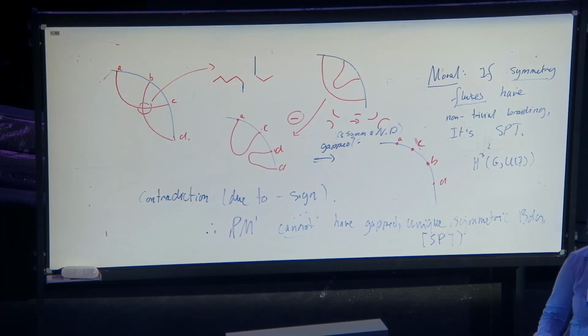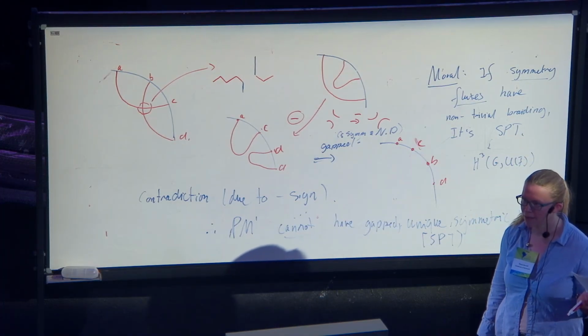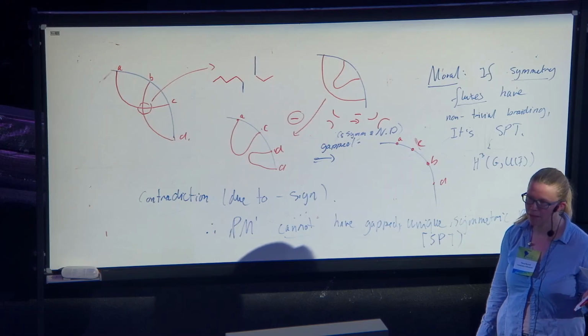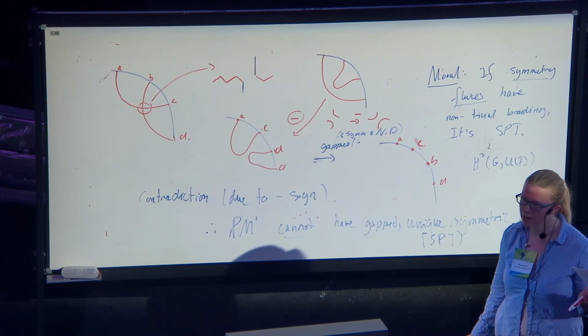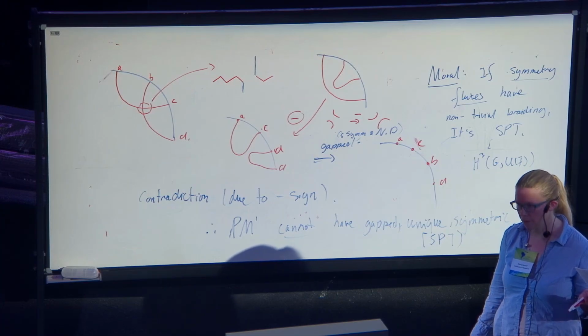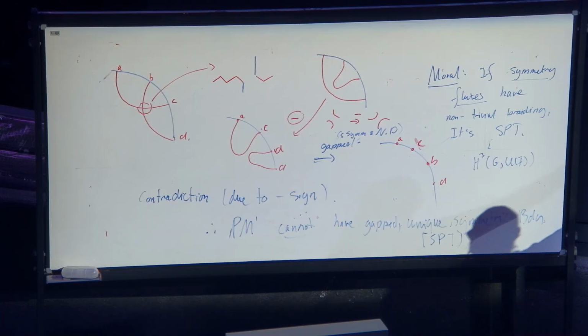At any rate, once you write it down as a double Chern-Simons theory, each Chern-Simons theory does have topological order. The double theory definitely has topological order. It does not have a chiral central charge, but it has topological order. So let me explain the argument for that. Okay, good.